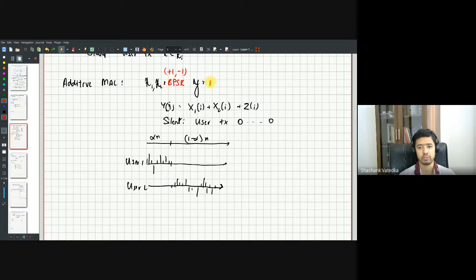The received vector is always a real vector. Now the silent user doesn't have to transmit all zeros. Depending on the problem, maybe the silent user always transmits -1. So in this case, what would the transmissions look like?